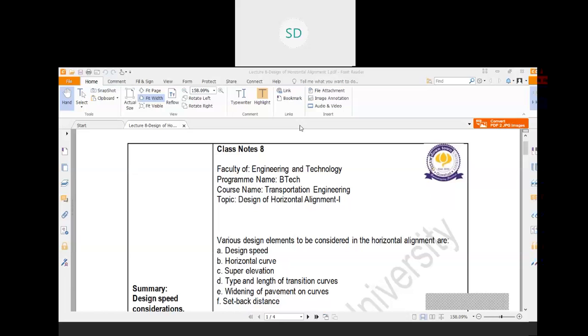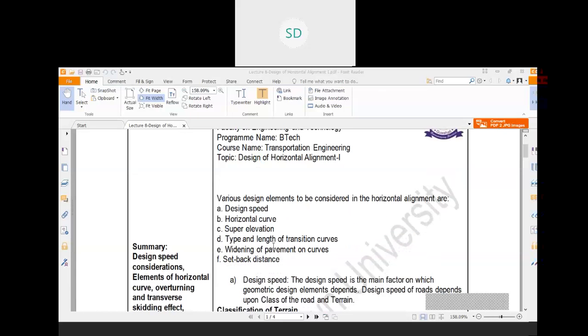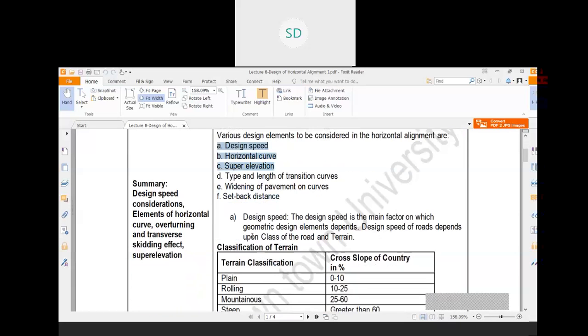In the horizontal alignment design, there are different components: design speed, horizontal curve, super elevation, type and length of transition curves, widening of pavement on curves, and setback distance. In this class, we will discuss design speed, horizontal curve, and super elevation. These three things will be covered in this class.